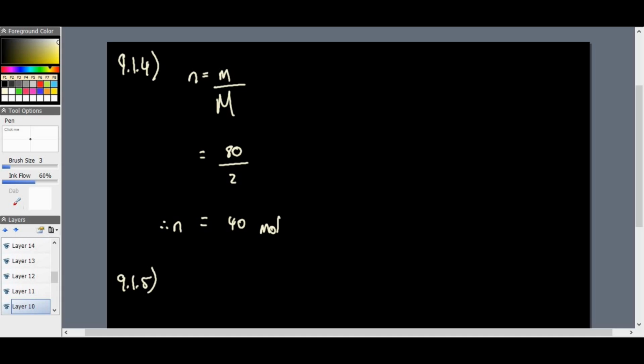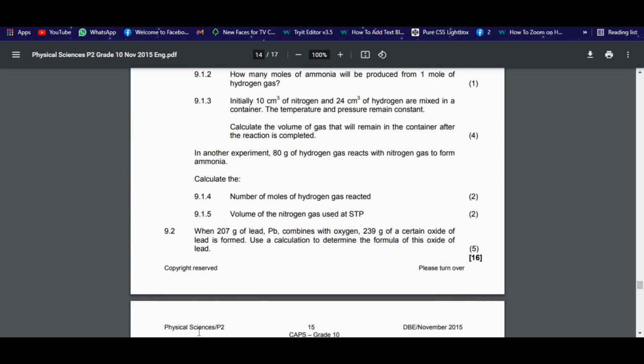At STP, the volume of nitrogen gas, N2 gas, is going to be, of course, in the same mole ratio because it's the same reaction. Here they just said in another experiment, 80 grams of hydrogen reacts with nitrogen gas to form ammonia. It's the same reaction, just given to us a bit differently.